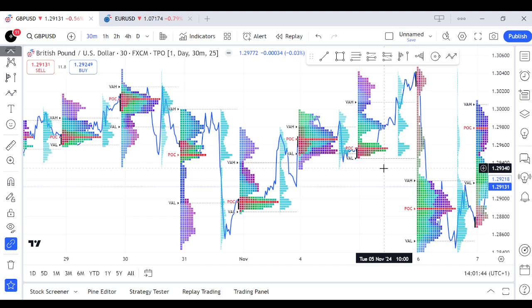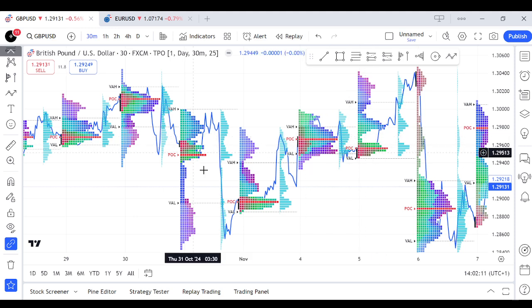The value area is where approximately 70% of trading activity occurs, marking the zone of consensus among traders. This area is essential for identifying potential support and resistance levels. The value area high and the value area low define its boundaries, helping you understand where most market participants are comfortable trading.